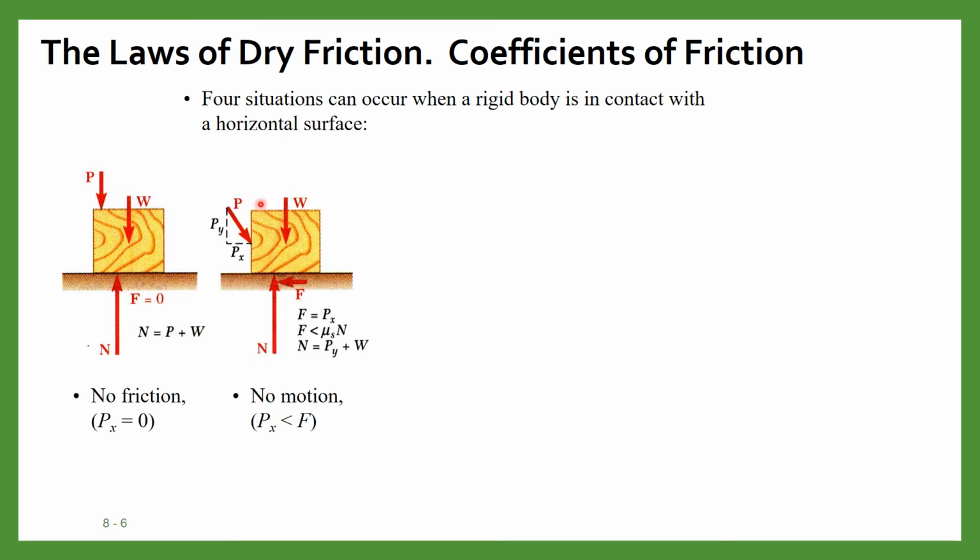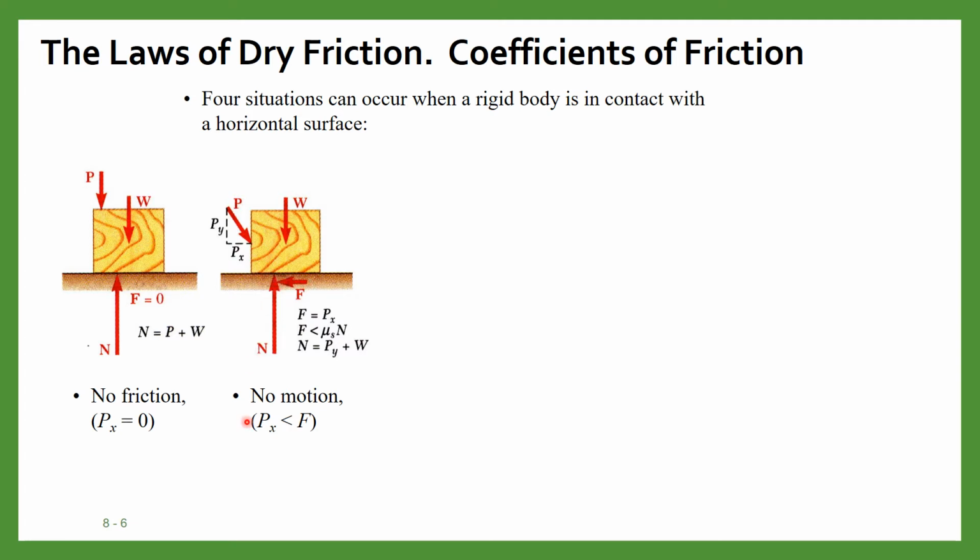Now the second condition is when this force is applied at a certain angle. We can resolve this force into two components, Px and Py, and in that case there will be some frictional force.